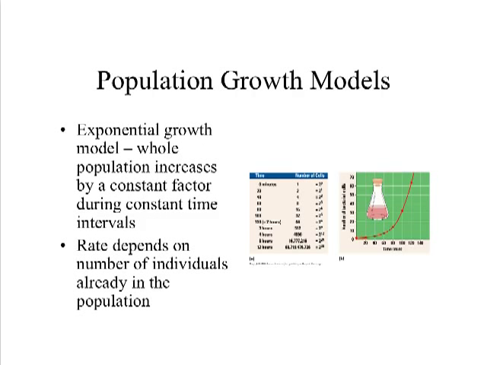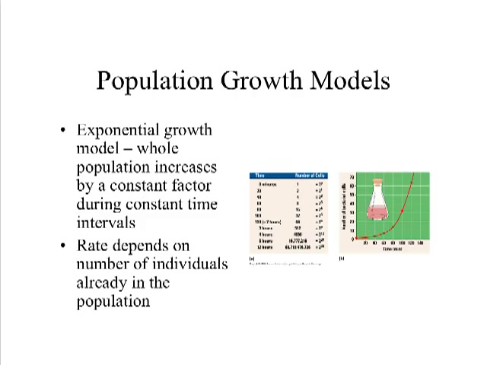So when looking at population ecology, one of the main things that scientists will look at are the population growth rates. Okay, so now, the exponential growth model is basically when you've got a whole population that increases by a constant factor during constant time intervals. It depends on the number of individuals already in a population, and how fast their population doubles over time.